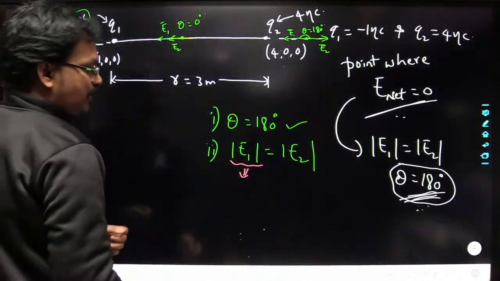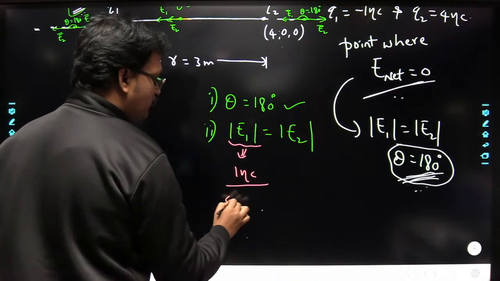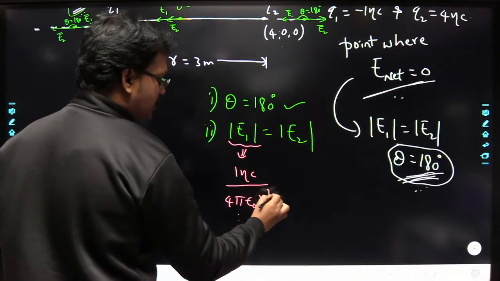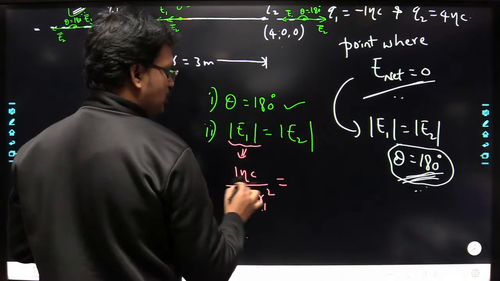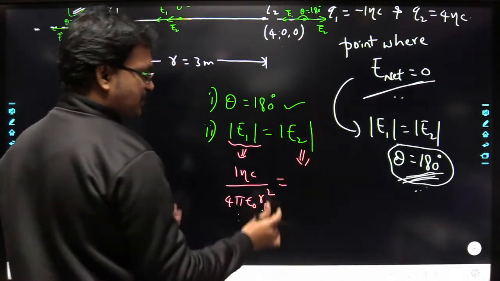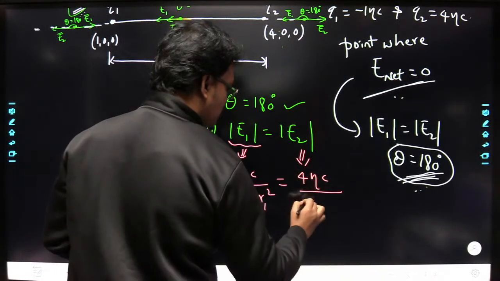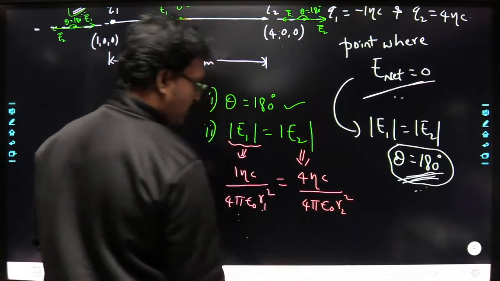You are considering only magnitude, so you will get 1 nanocoulomb, that is Q by 4 pi epsilon naught R1 square, where R1 is the distance from Q1. This is equal to the magnitude of E2, again considering only magnitude. I can write Q2, that is 4 nanocoulomb, divided by 4 pi epsilon naught R2 square.